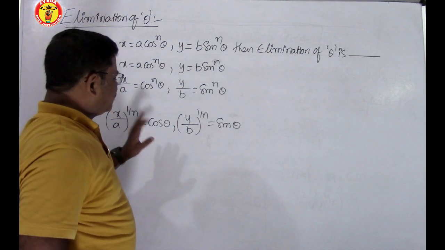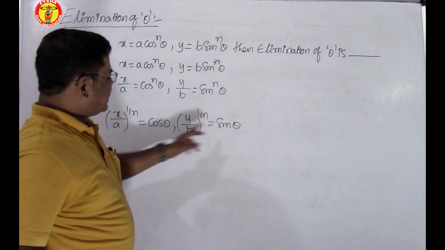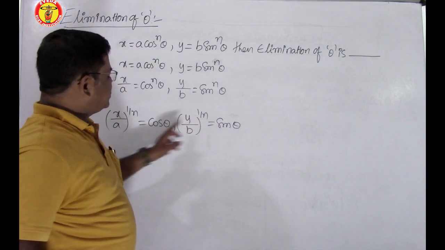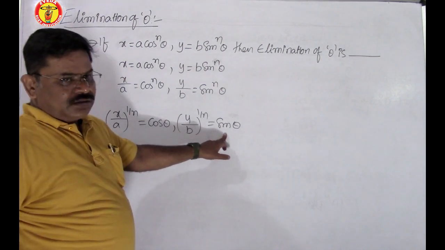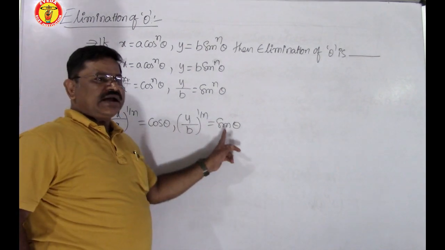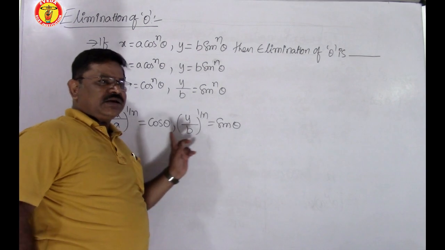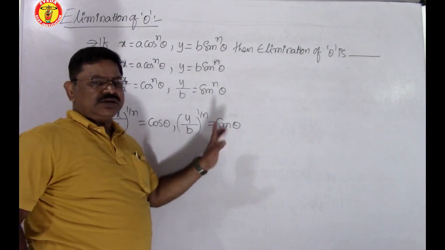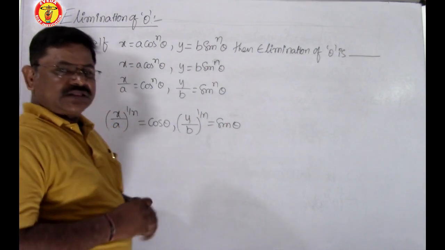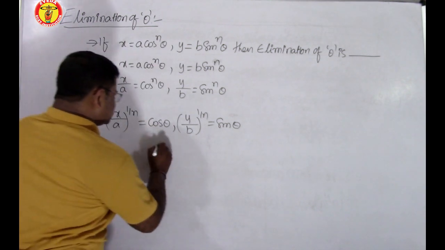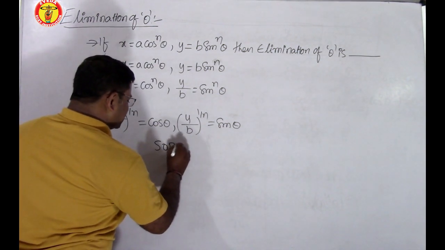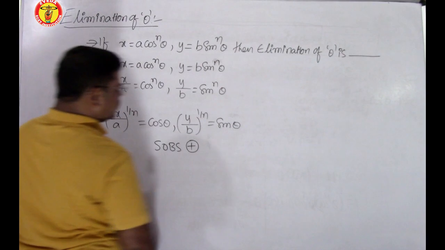But here, what we are going to do is make it an identity, so we can show its answer as 1. We can show it as an identity, since sin square theta plus cos square theta is equal to 1. For that purpose, we are simply going to square it on both sides. Later we are going to add them.